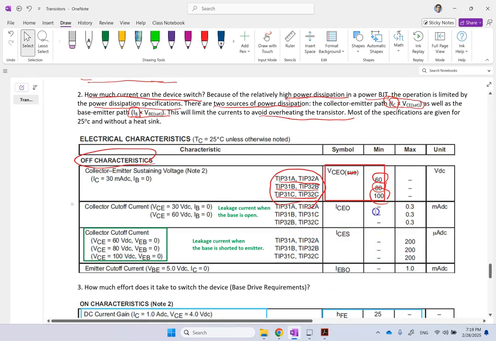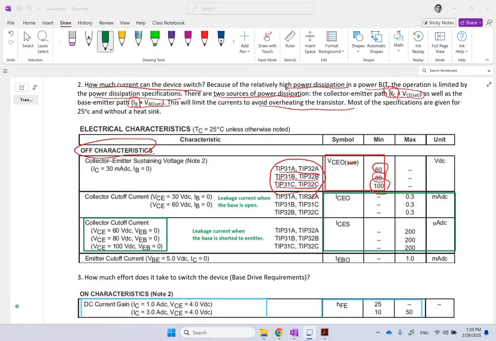The other one is called ICES. What is the difference here? These are the currents that you can basically keep off. And if you look at their description, they are both collector cutoff current.